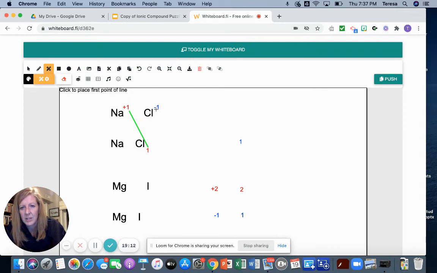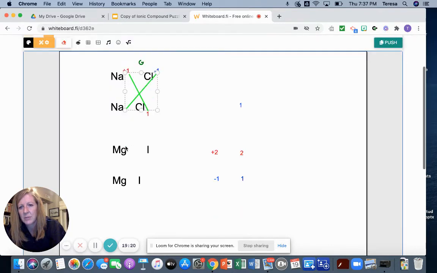We are taking the number associated with chlorine's charge, and it's going to be the subscript for sodium. So that's a -1. The number is a 1, so that becomes the subscript for sodium.